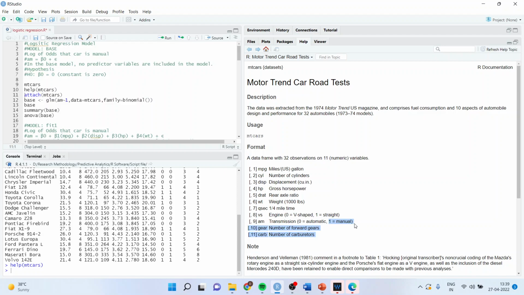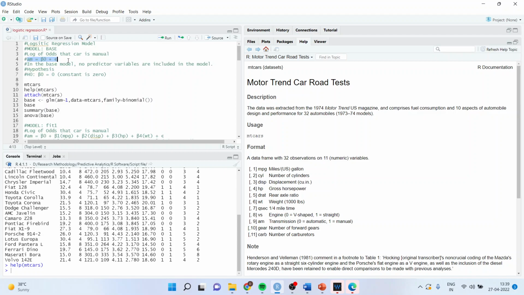Remember one thing, I am repeating again and again: whichever category you code as 1, the interpretation will be based on that only. So be very careful in this. I am creating a base model in which I am not assigning any independent variable to the dependent variable. I am just running the model on the basis of the constant.